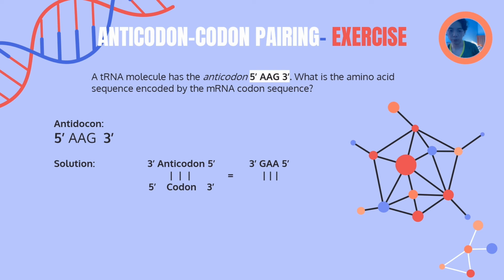With which mRNA codon will this anticodon interact? Or what is the amino acid encoded by the mRNA codon? So the answer here would be 5'-CUU-3', which stands for the amino acid leucine.